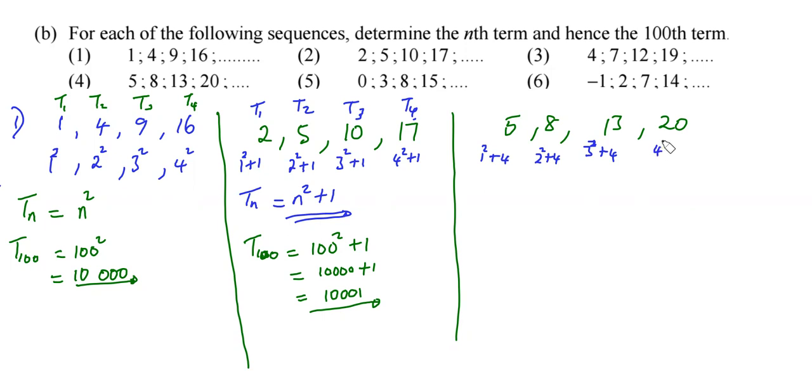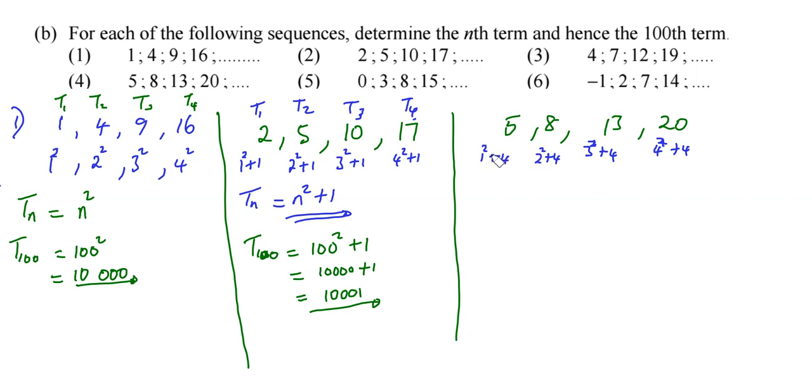If we say 4 squared plus 4, you get 20. So here is the hint: whatever you are doing, you are either adding or subtracting. So it's going to be n squared minus 1, n squared minus 2, or n squared plus 1, n squared plus 2, and it goes on like that. But the n squared must be there.